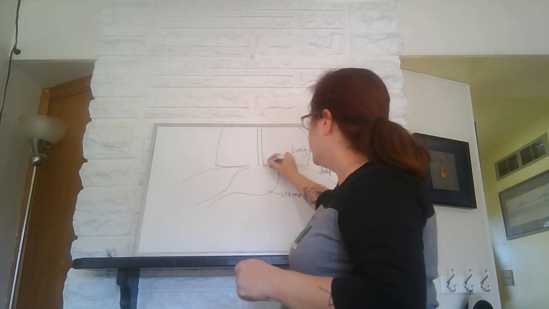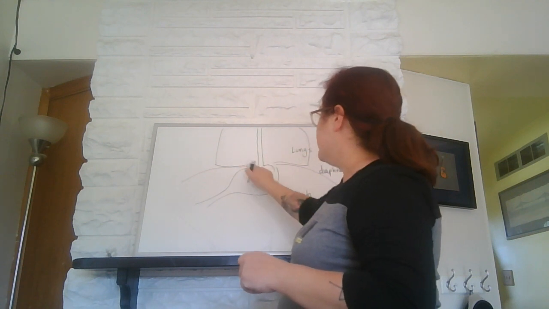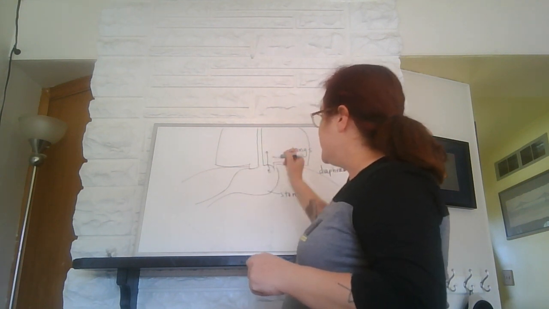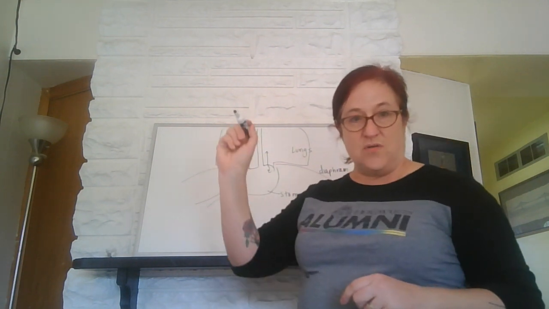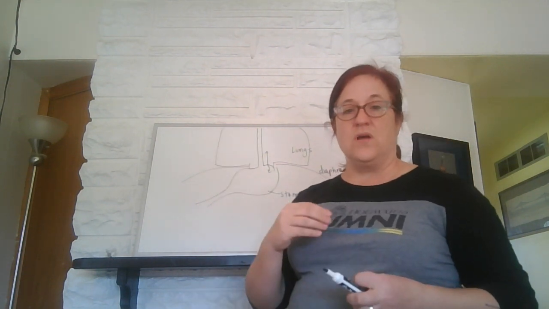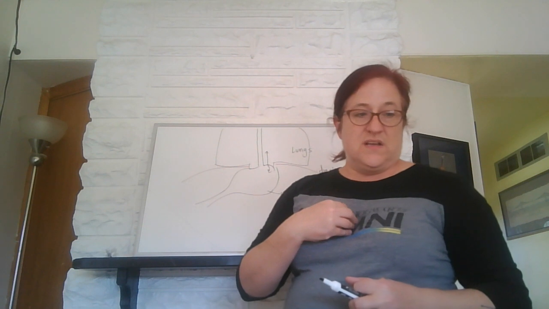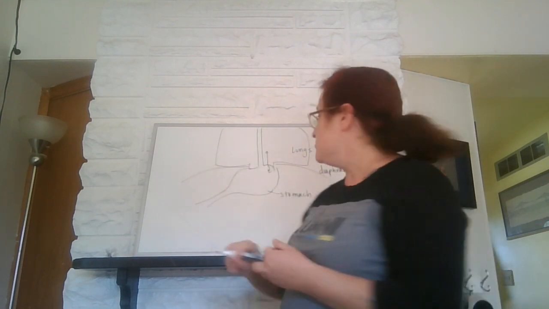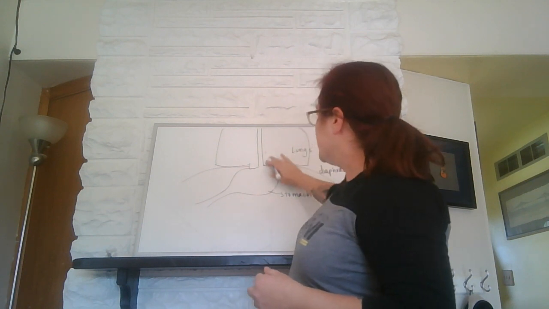Here's our stomach. If that opening is bigger, then it's possible that the top of the stomach could slide up and down into the chest cavity. And so that person will feel occasionally like they're full because the stomach will be pinched by the diaphragm.